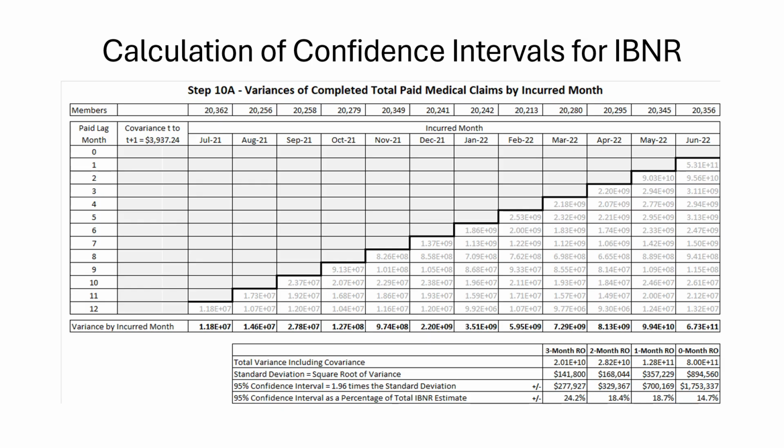The standard deviation with 0 runout in the lower right is then equal to the square root of the variance, $894,560. The 95% confidence interval is plus or minus 1.96 times that amount, which equals plus or minus $1,753,337, or 14.7% of the point estimate.